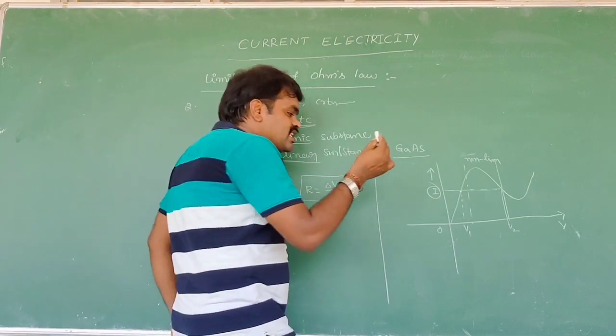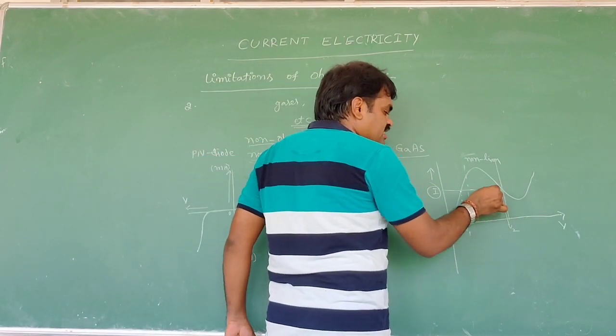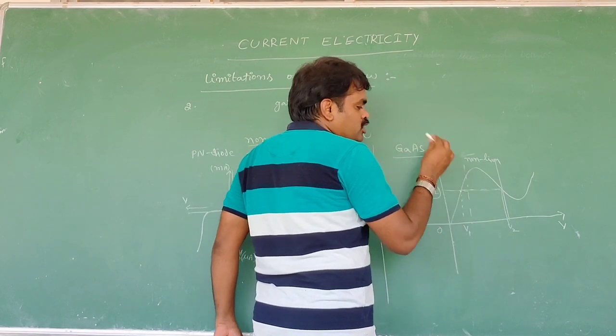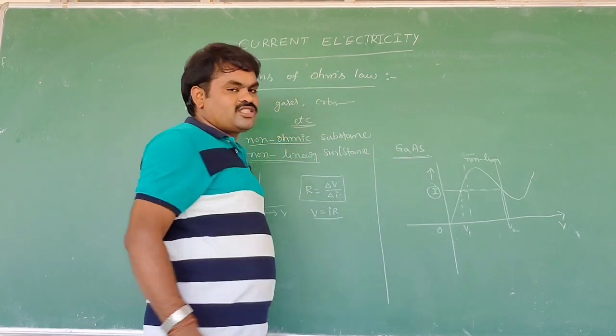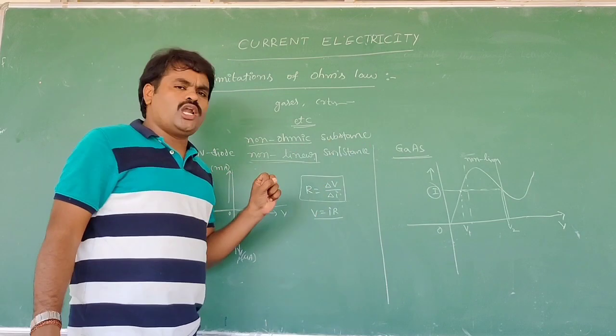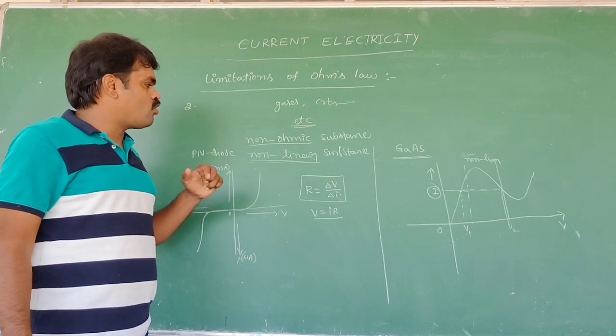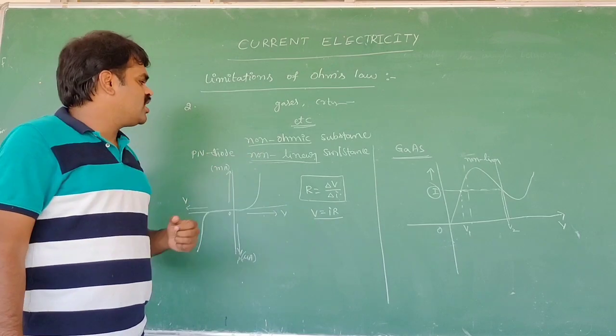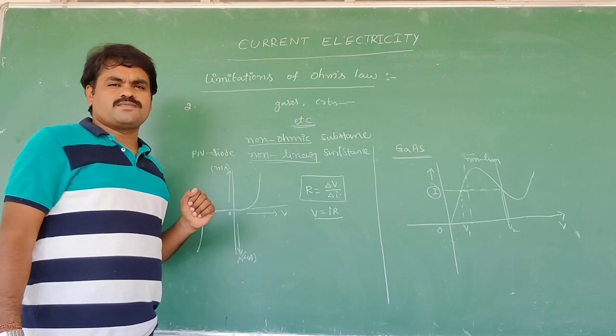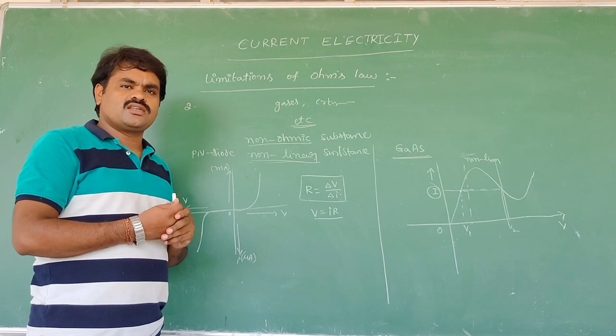But here, different potentials have the same current passing through the device. That's why these are called non-ohmic devices, or non-ohmic substances, or non-linear substances or non-linear conductors.